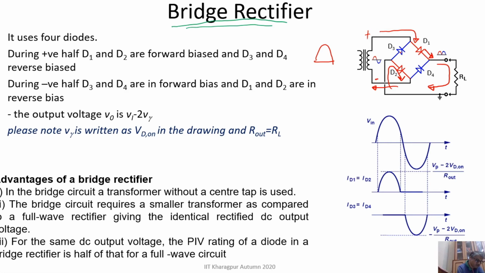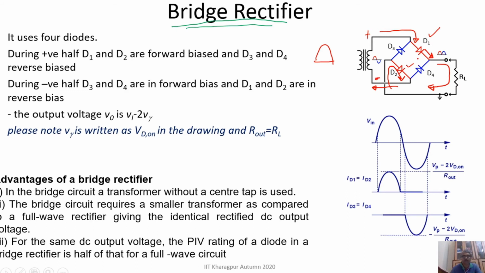So in other words, in the positive half cycle, D1 and D2 will be on. The signal is flowing through D1, going through this RL in this direction, and then it is going through D2 and coming back to here.